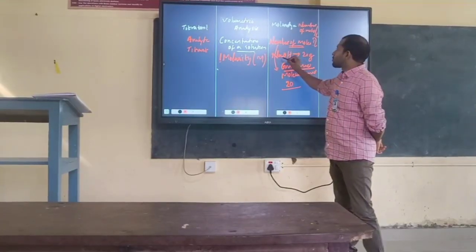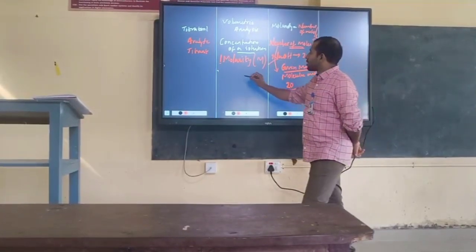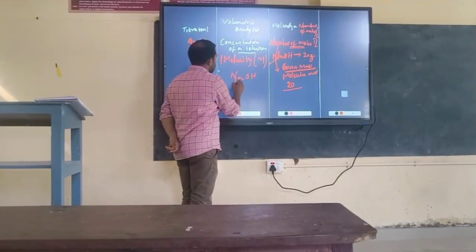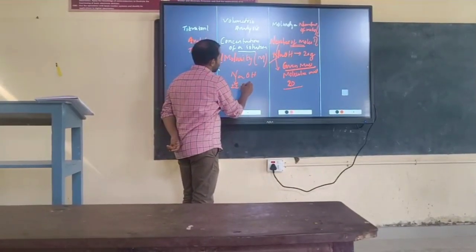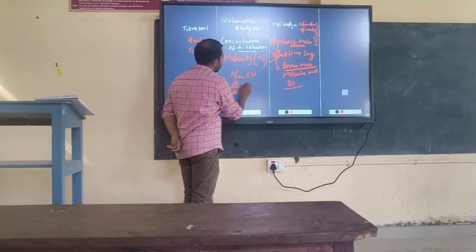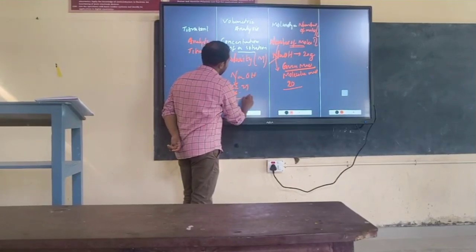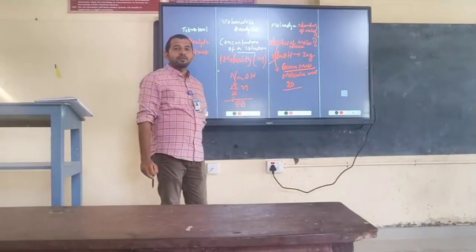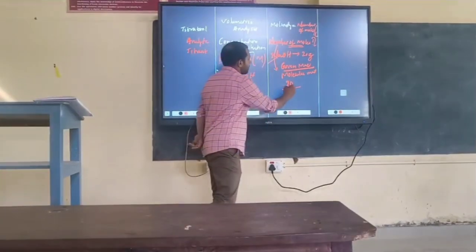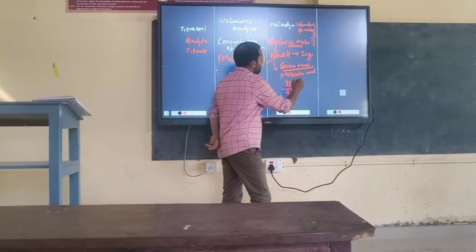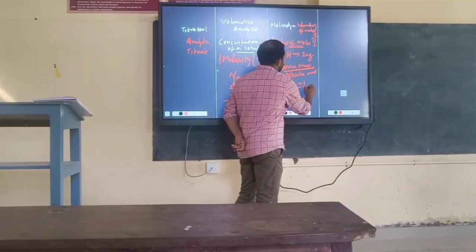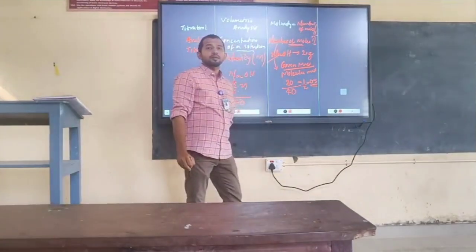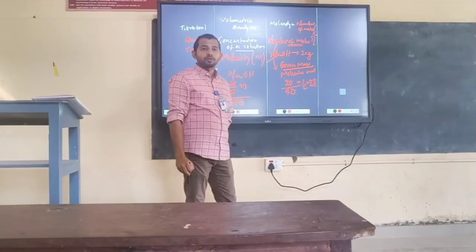We know the molecular mass of NaOH: the mass of Na is 22.99, oxygen is 16, hydrogen is approximately 1. So the molecular mass of NaOH is 40. We can take it as 40. So 20 gram of NaOH means 0.5 moles.